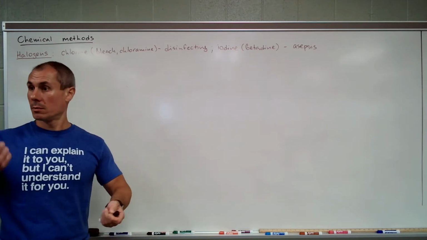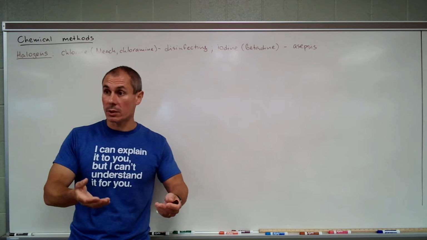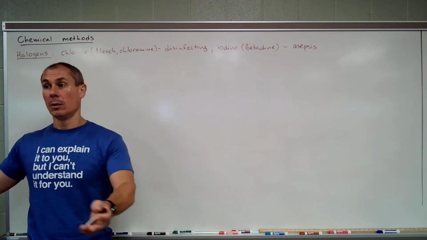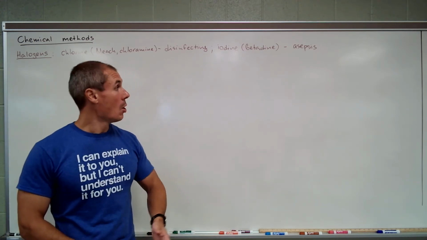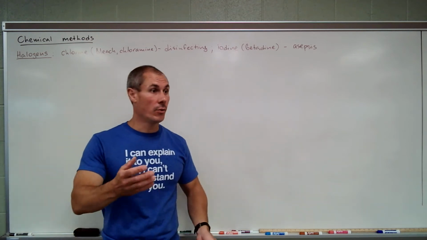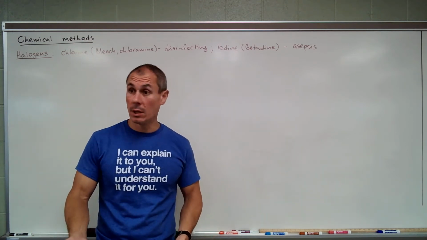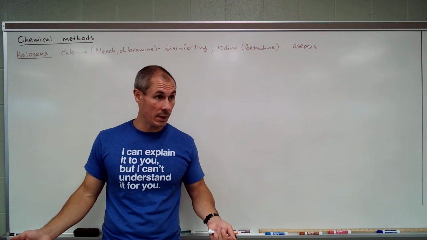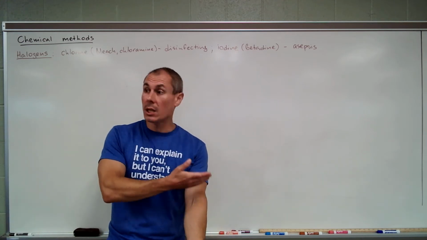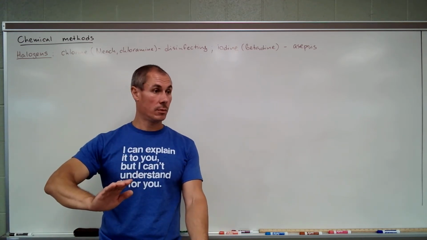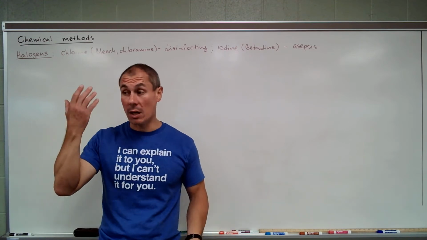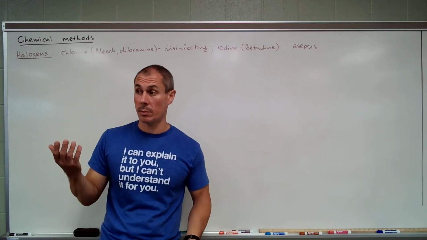Can I use this chemical for my purposes, or is it going to harm whatever things I'm doing? Why don't we use iodine for disinfection of surfaces? Because it freaking stains everything, right? If we put it on the skin, eventually it'll come off. Make sense? So these are considerations that we need to think about.